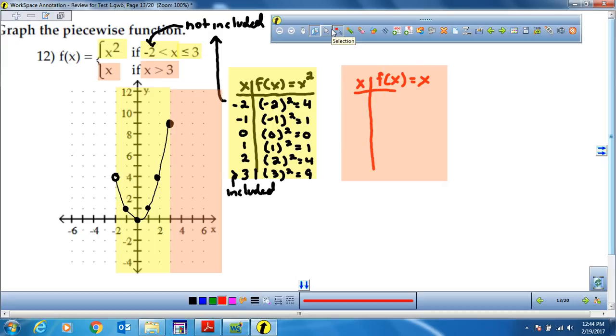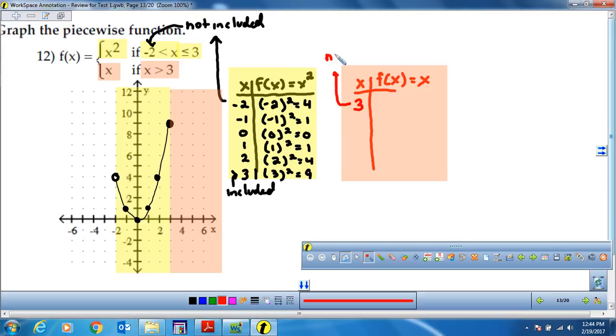So when I create the table, of course we're going to start from the middle value, which is 3, but keep in mind that it says greater than 3, so the 3 is not included in this graph, right? And then it goes to 4, then it goes to 5, and so on. I'm just going to do a few points because it's going to keep on going to the right, so I'm not going to do them all.